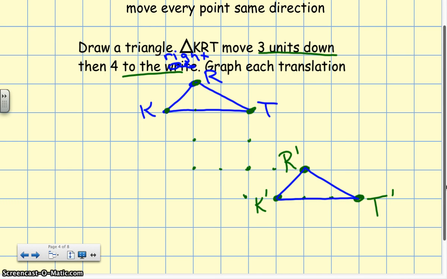So I'm just translating. I translated my triangle 3 units down. Here's how we write it though. This is the confusing part. How I write that is I say, okay, well here's my pre-image, my triangle KRT.